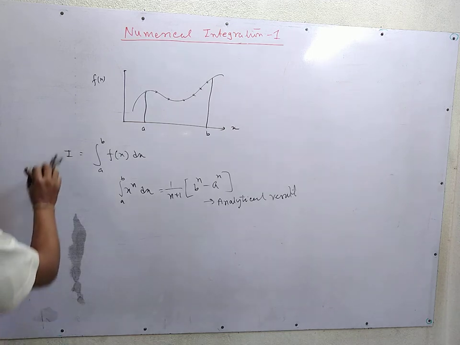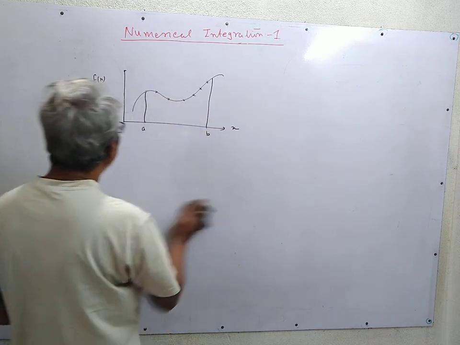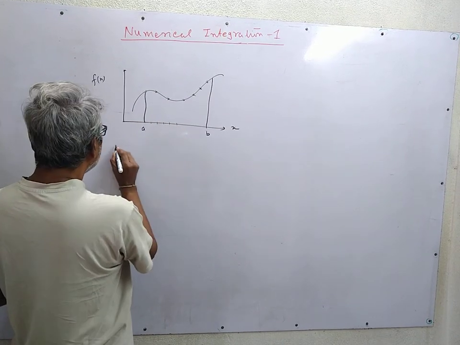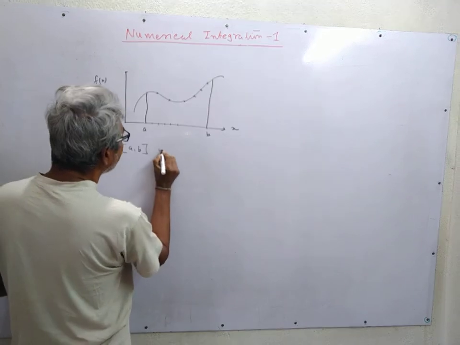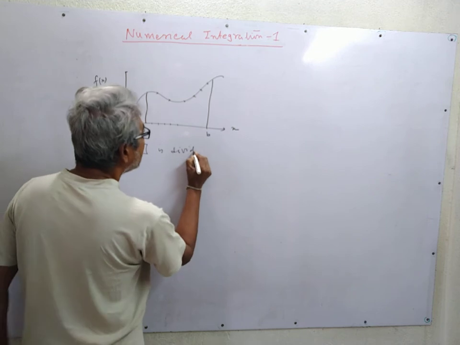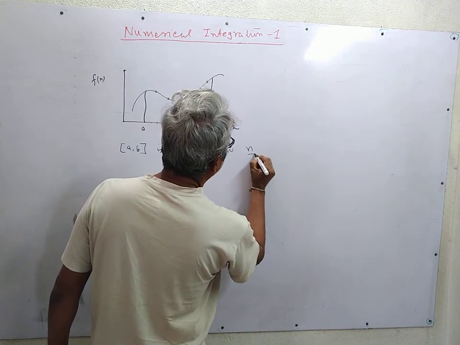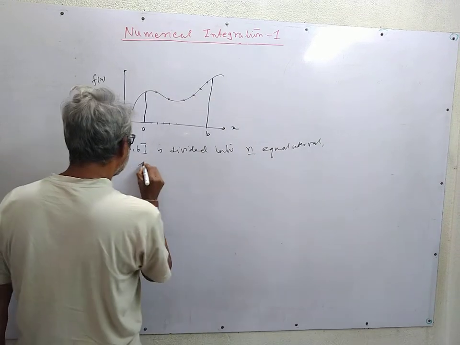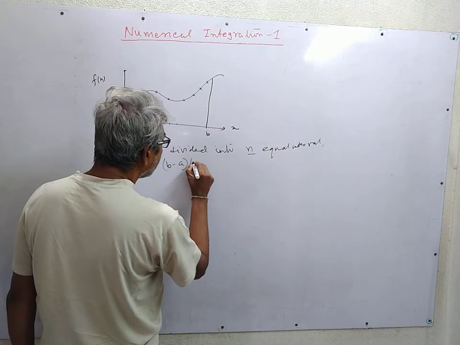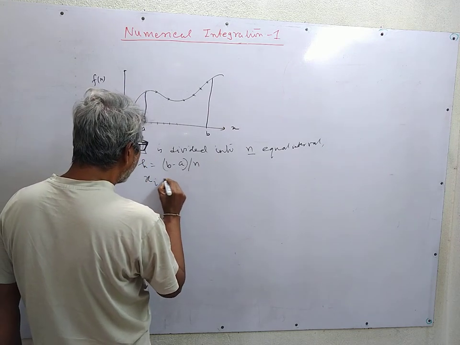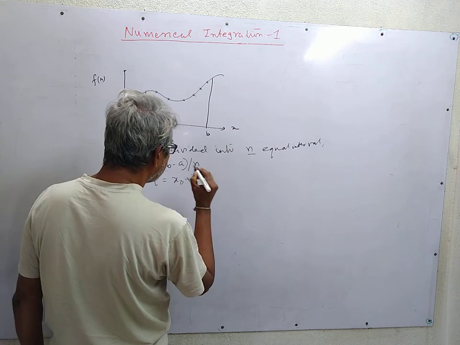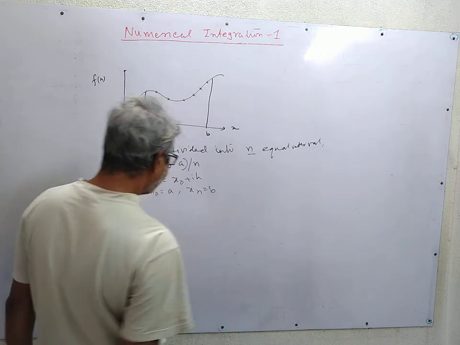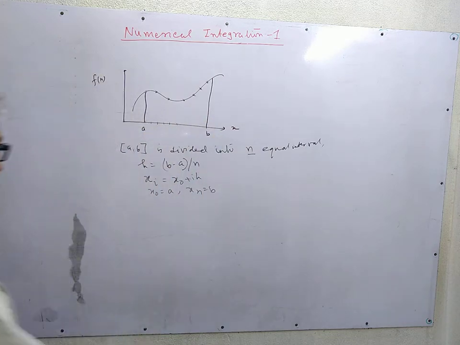In the trapezoidal or Simpson 1/3 rule, we divide the interval a to b into n equal intervals of width h equal to b minus a by n, such that if we define xi equal to x0 plus ih, then x0 is equal to a, and xn is equal to b. And there are n such divisions.